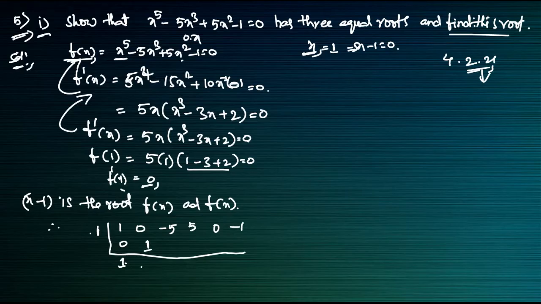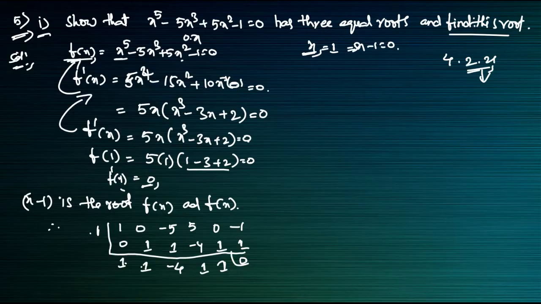So here minus 5 plus 1 is minus 4, 4 1 ja 4, minus 4, it will become 1, 1 1 ja 1, 0 plus 1 is 1, 1 into 0, 1 1 ja 1, so it will become 0 here. So it is equal roots, all are the equal roots, it is saying that.